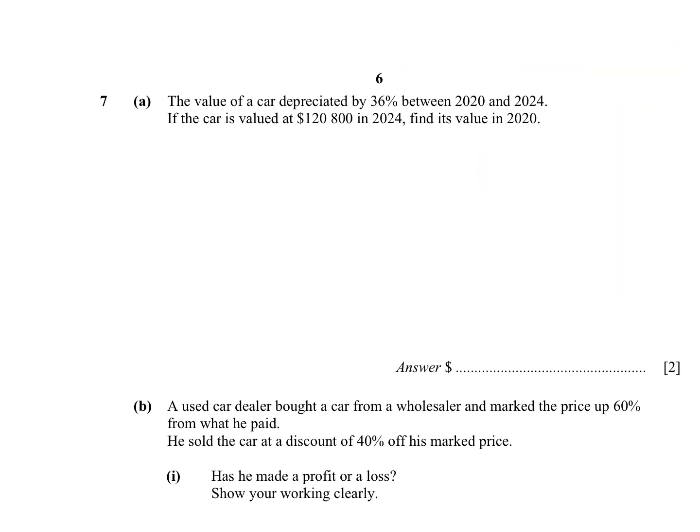Number 7. Okay, so the value of the car depreciated by 36% between 2020 to 2024. So that means originally it was 100%. At the end of 2024, it dropped by 36%. So left 64%. So they say the car is valued at $120,800 in 2024.